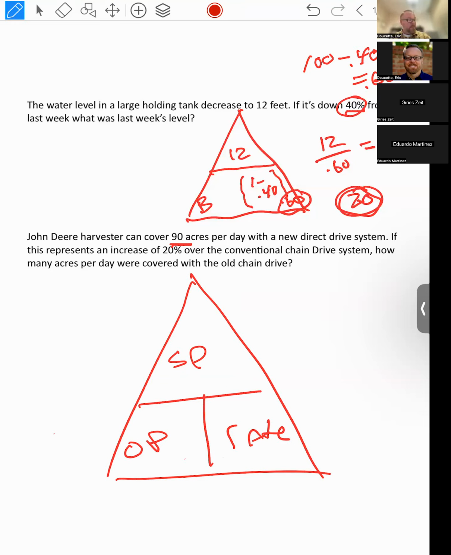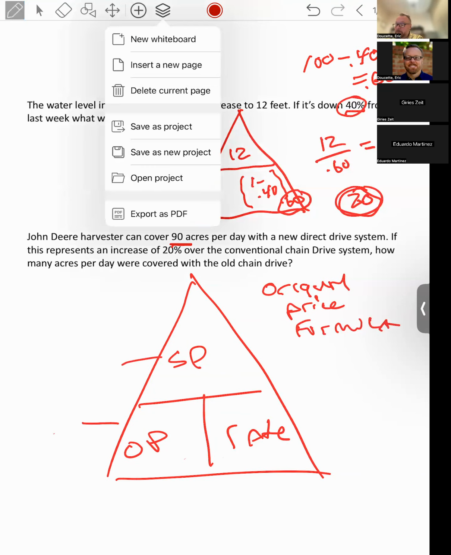I had a formula for that, but it's not in this worksheet. I apologize, but it is on the formula sheet for this week. So make sure you check that out. I think I call it the original price formula, and it's very similar, but you're just using different factors in these two spots. So you can look that up in the formula sheet.